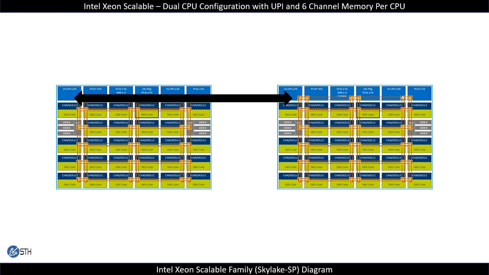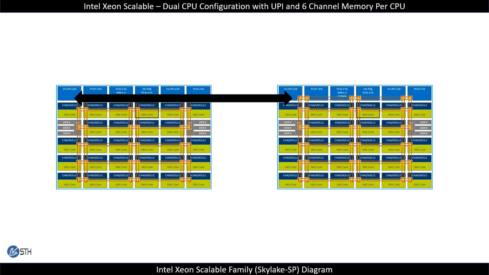And the lower end processors, such as the lower end gold, silver, and bronze processors, are only capable of either 2 socket configurations, or some of the gold ones are capable of 3 or 4 socket configurations, and that's because they're able to use UPI links, however not the full 3 that the higher end gold and platinum series can use.